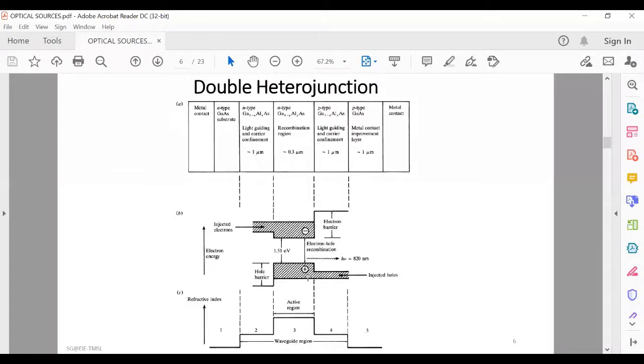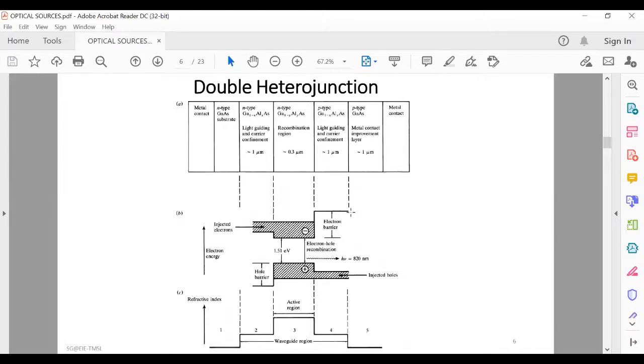The cross-hatched region represents the energy levels of free charge. Recombination occurs only in the active indium gallium arsenide phosphide layer, and the two materials have different band gap energies and different refractive indices also.